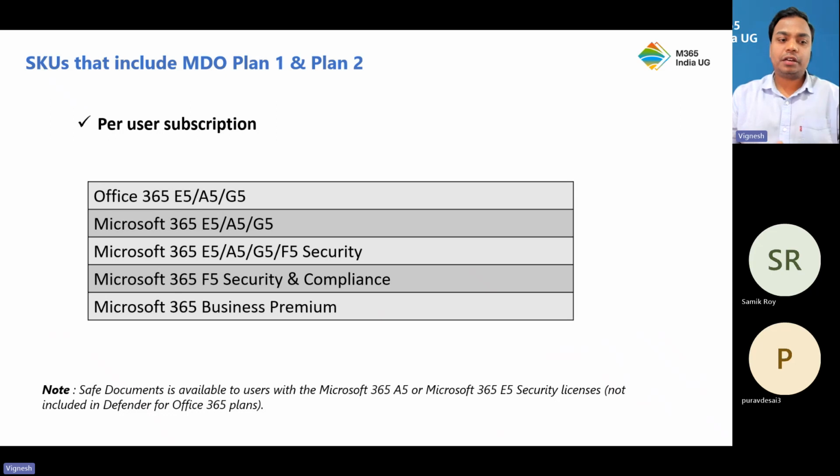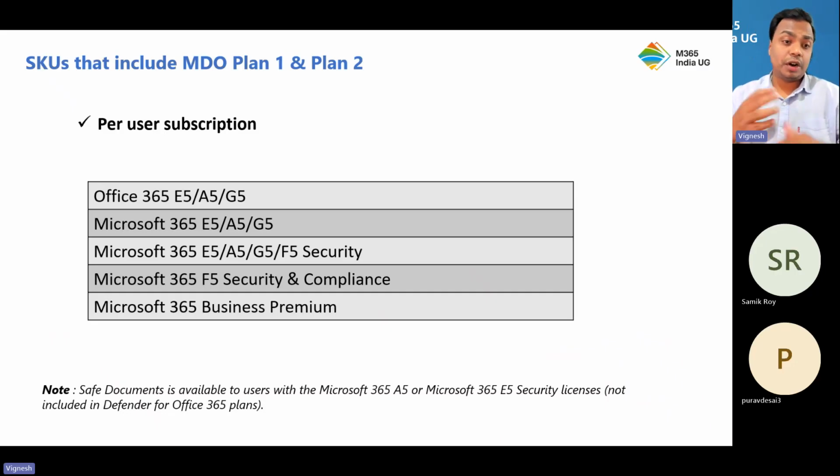It should be either Office 365 E5, A5, or G5, or Microsoft 365 E5, A5, G5. Similarly, Microsoft 365 E5 Security, Microsoft 365 E5 Security and Compliance, or Microsoft 365 Business Premium. These are the SKUs which give you the MDO Plan 1 and Plan 2 capability.